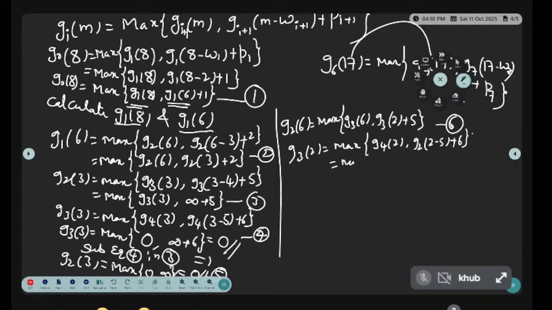This is equal to maximum of 0 comma infinite, which is 0. G3 of 6 is maximum of G4 of 6 comma G4 of 6 minus W4 plus.